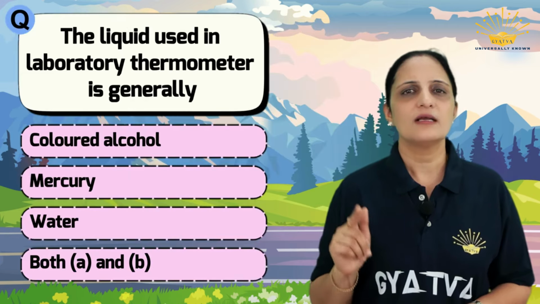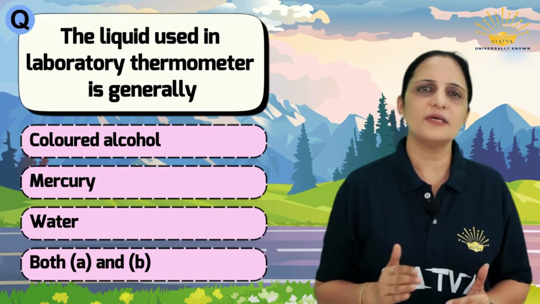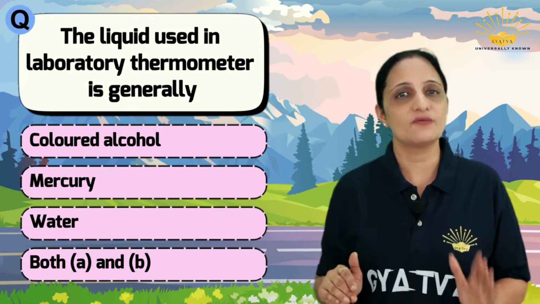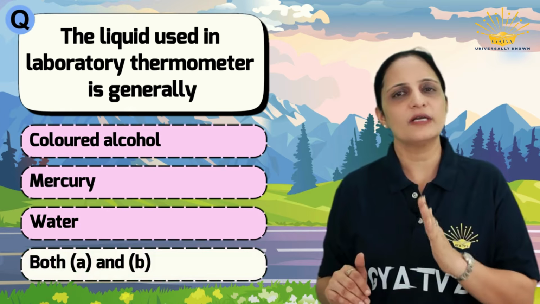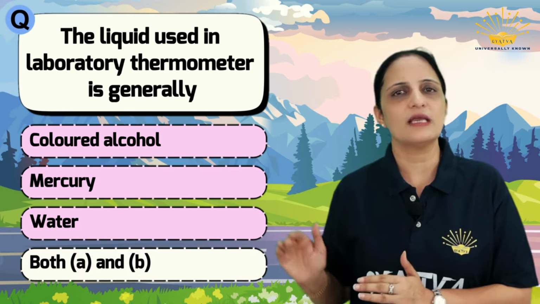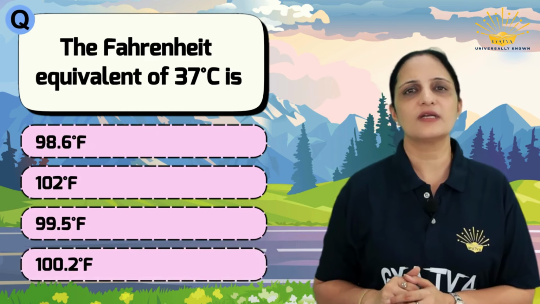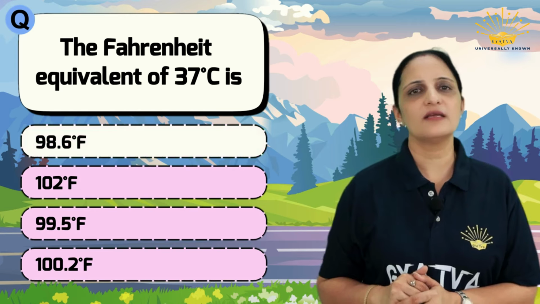Question number 12. The liquid used in laboratory thermometer is generally colored alcohol as well as mercury. It cannot be water. So the correct option is either A or B. So it would be option D, that is both A and B. Question number 13. The Fahrenheit equivalent of 37 degrees Celsius is 98.6 degrees Fahrenheit.